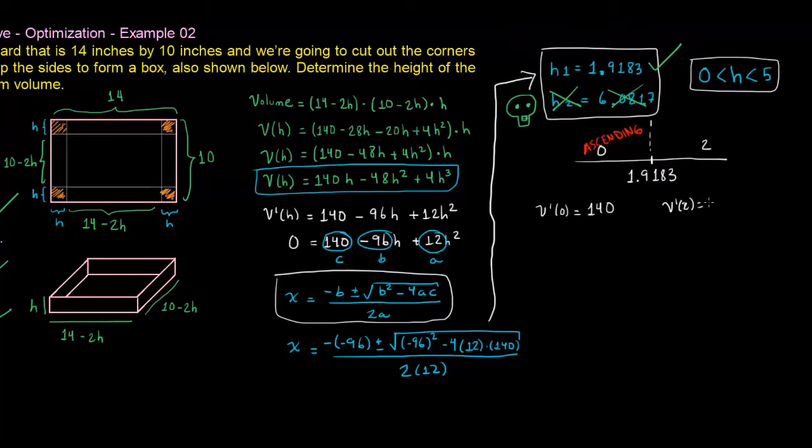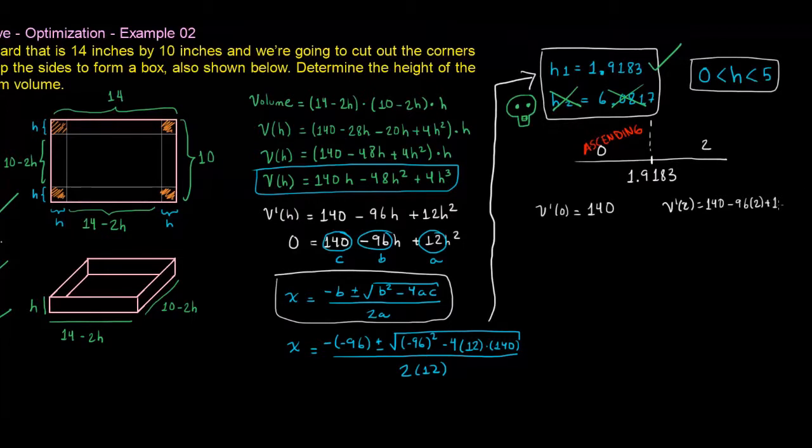So I'm going to substitute here: 140 minus 96 times 2 plus 12 times 2 squared. This is 12, I'm sorry.